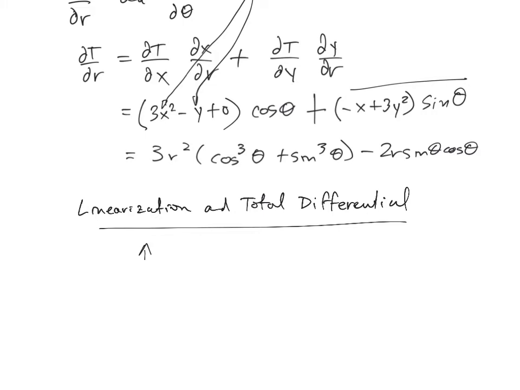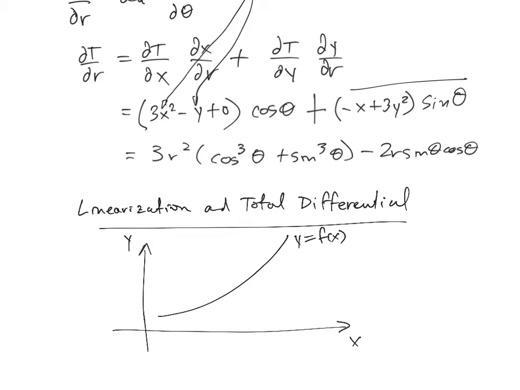So if we're dealing with a 2-dimensional function that looks something like this, y is equal to a function of x. Now, at some point where x is equal to a, let's say x is currently equal to a, which means y will be equal to the function at a.